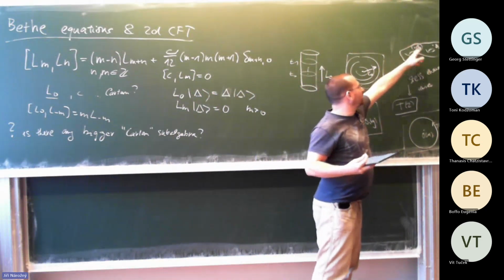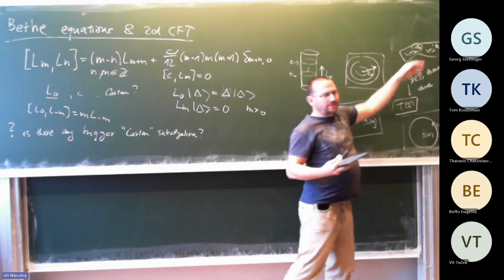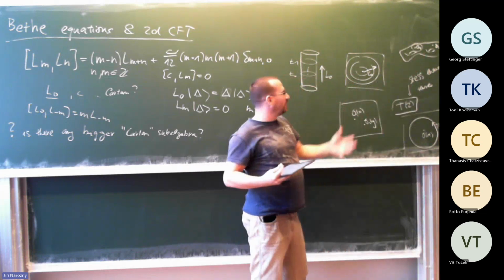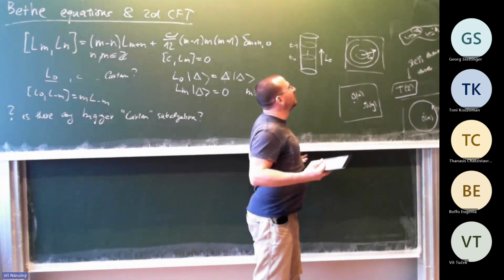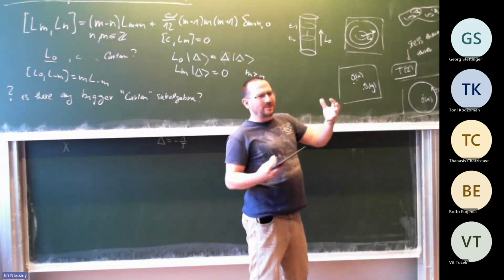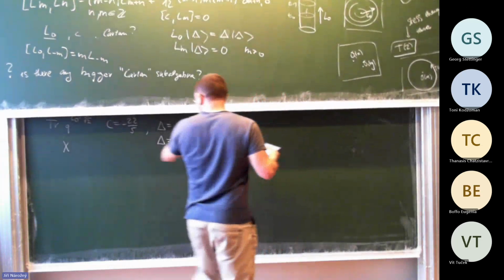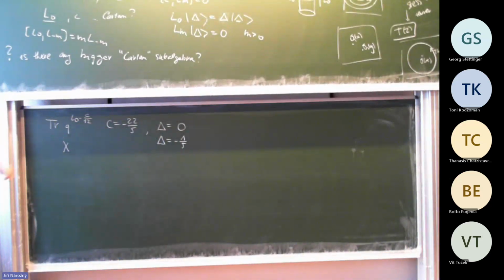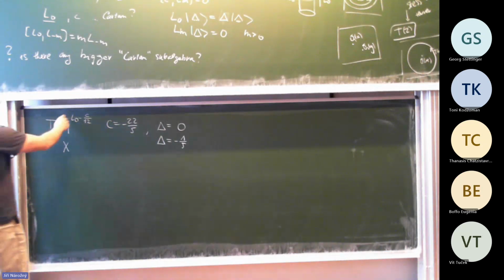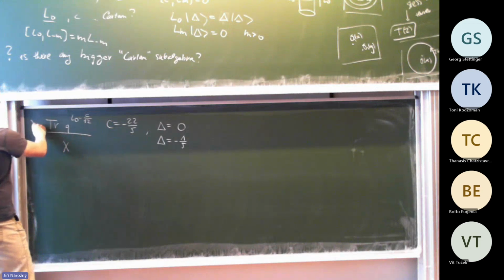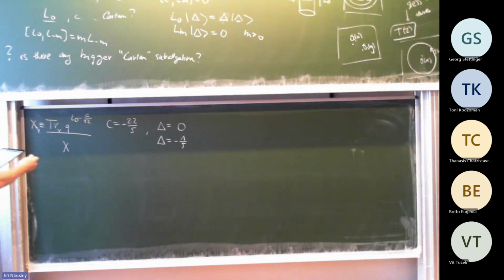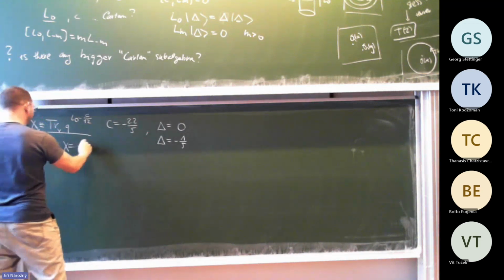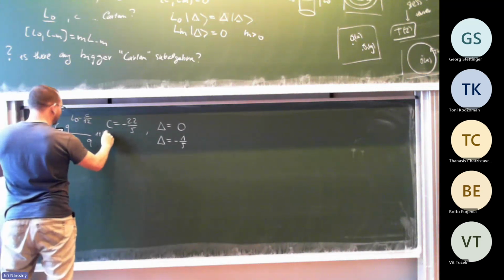For example, when you study it on a torus, you would like your characters to transform nicely under the mapping class group of the torus, and this is the correct choice of shift. You will see that these characters are representations of the modular group and so on. So if I choose this to be the definition of the character of representation V, then for this concrete case, the two characters look like this.